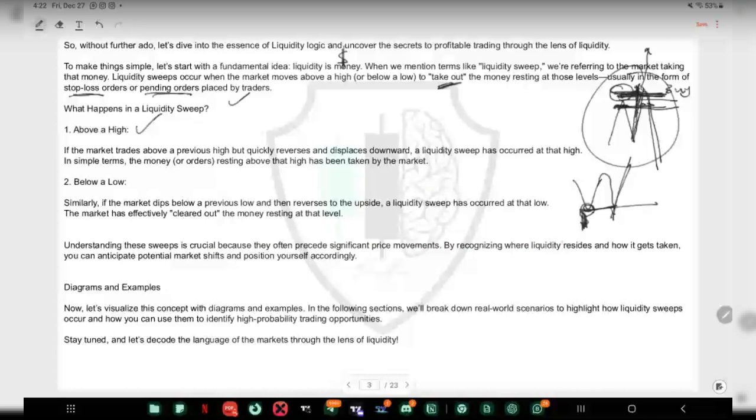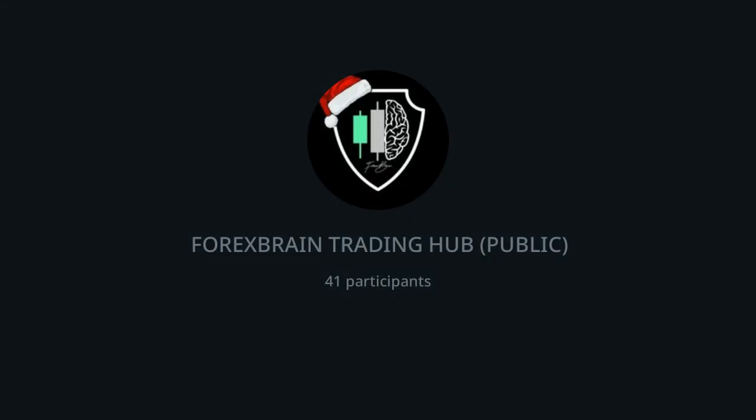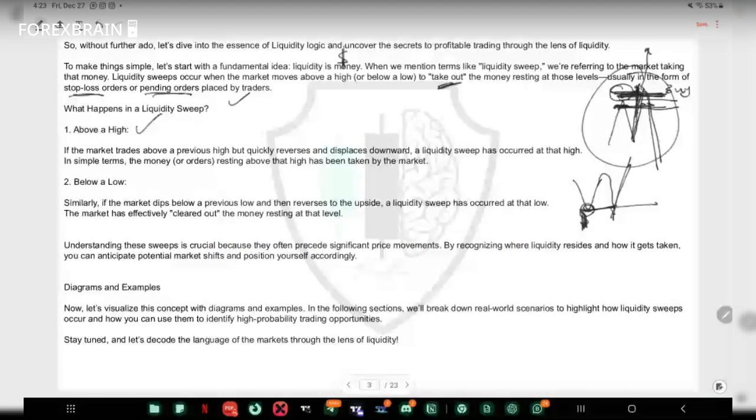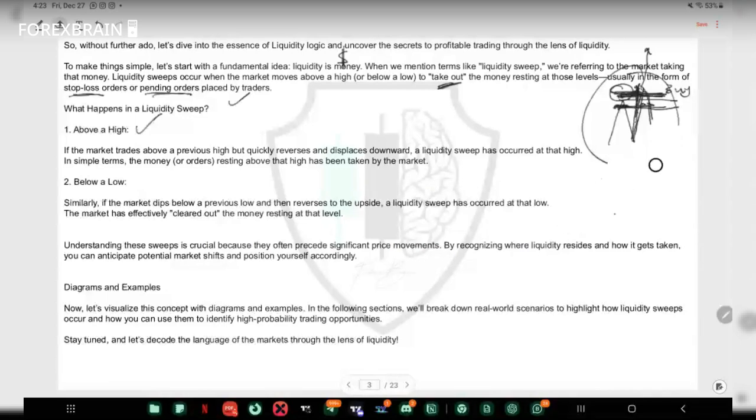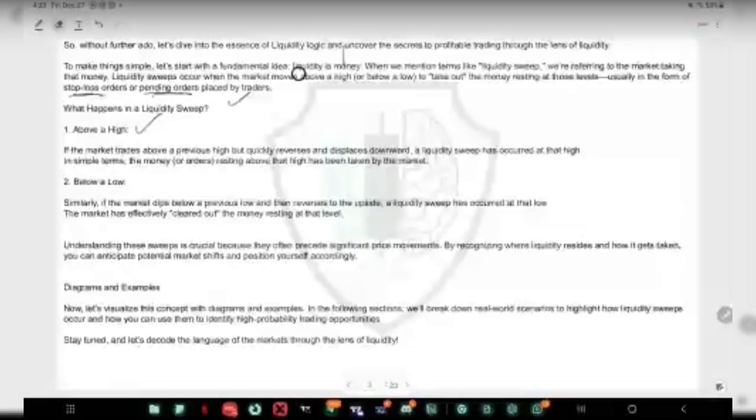So understanding this sweep is crucial because they often precede significant price movement. By recognizing where liquidity resides and how it gets taken, you can anticipate potential market shifts and position yourself accordingly. Very, very important. Because if you already have that mindset, that psychology, that if you have a low, for example, and you know that this low is more like liquidity, right?